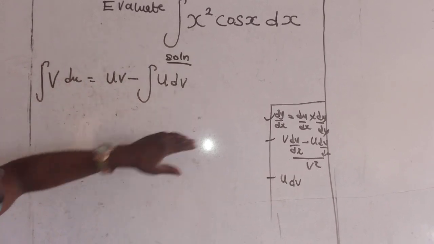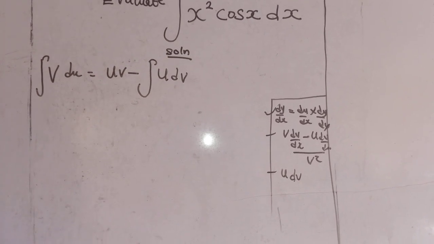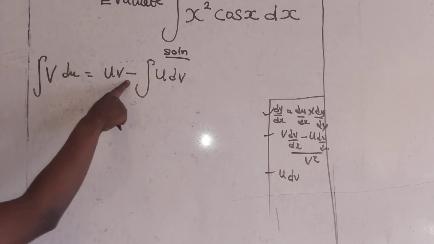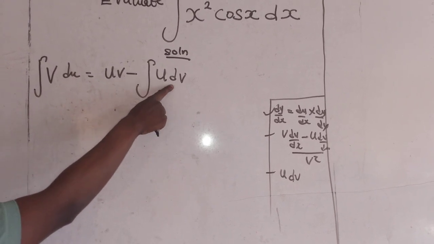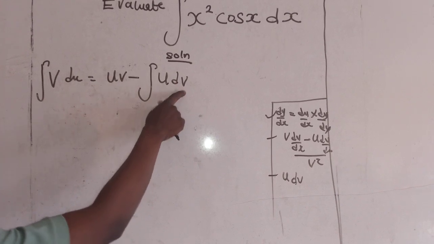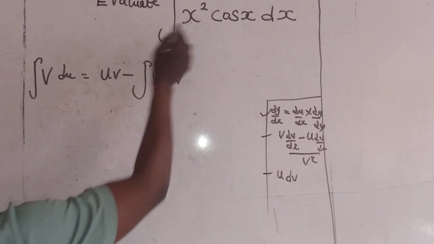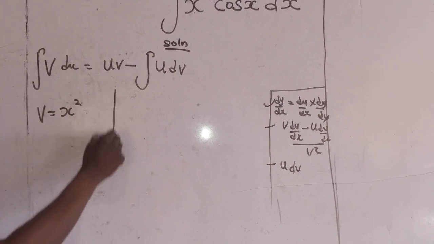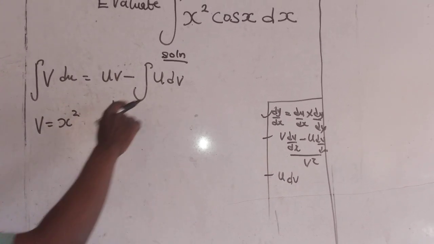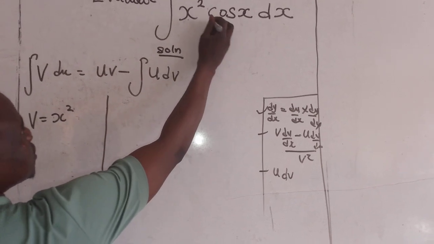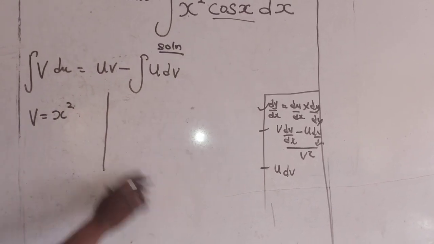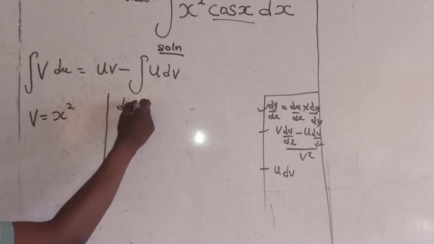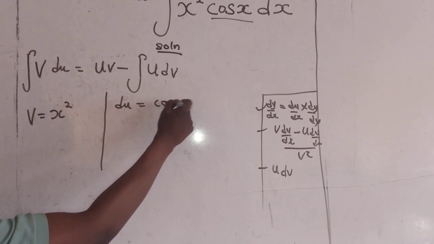That is why you need to apply this formula, integral of v du equals uv minus integral of u dv. So you are saying v equals x squared, and this cos x is du equals cos x.